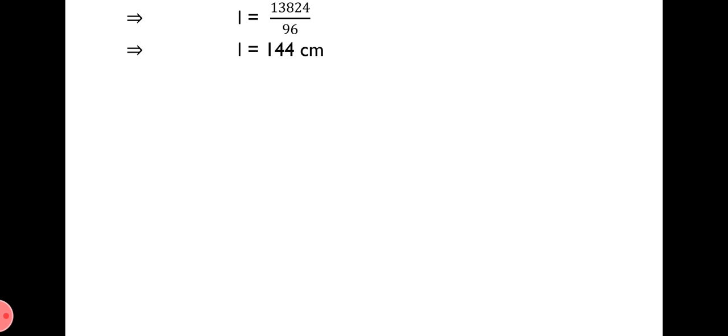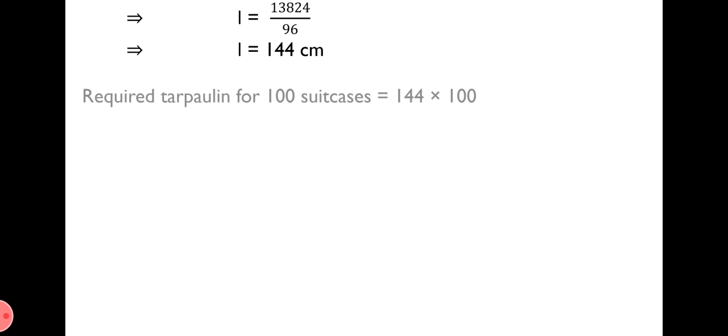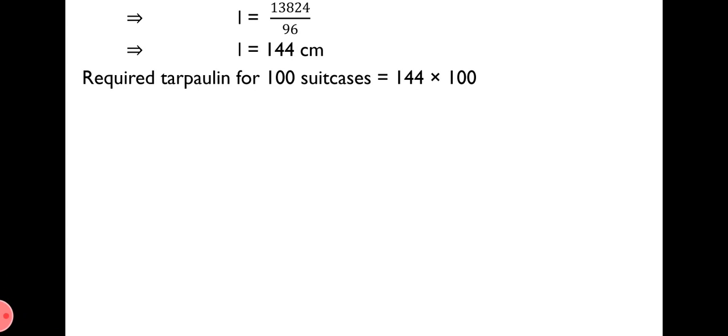Now as we need for 100 suitcases, therefore required tarpaulin for 100 suitcases equal to 144 into 100, that is equal to 14,400 centimeter. Now this is in centimeter and we have to find the answer in meters. It is asked that you have to find out how many meters of cloth.